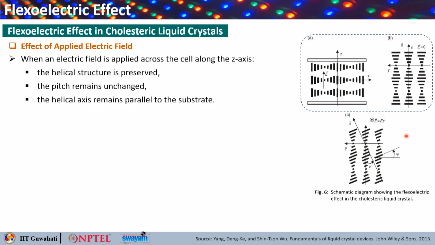Now let us apply the electric field. When you apply an electric field across the cell along the z direction, you bring in this E. You can also see what happens in this xy diagram: the field goes into the plane of the screen.